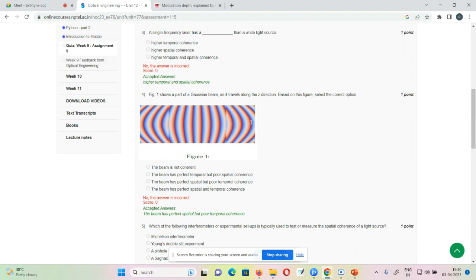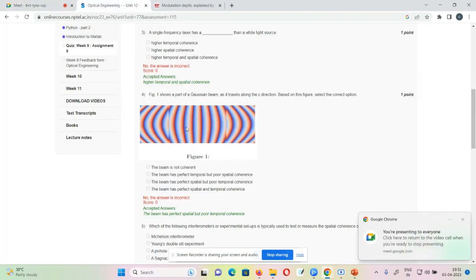Figure 1 shows a part of a Gaussian beam as it travels along the z direction. Based on this figure, select the correct option. This is the one which madam gave as a practical example. Correct? So what kind of Gaussian beam is this one?